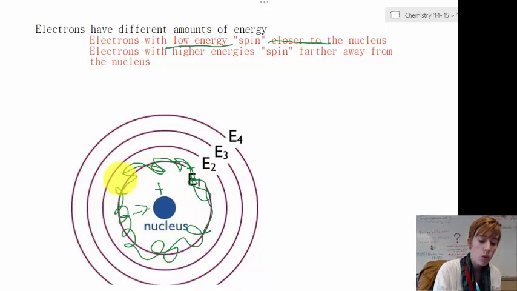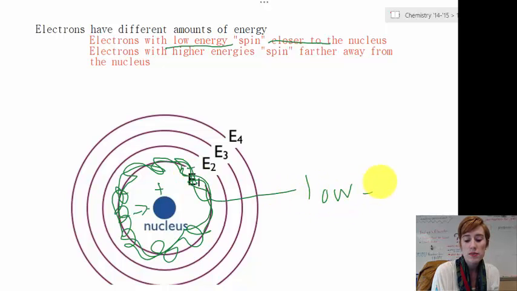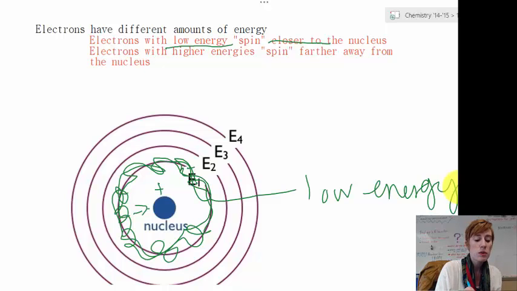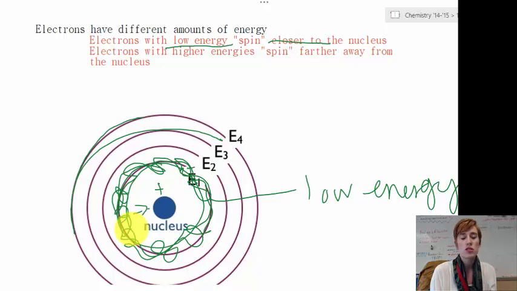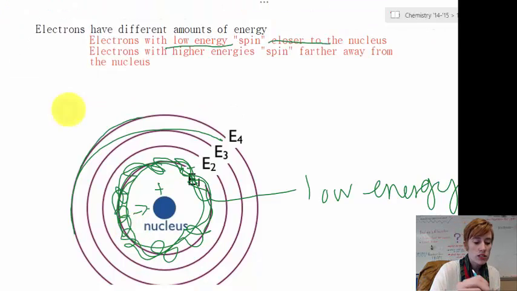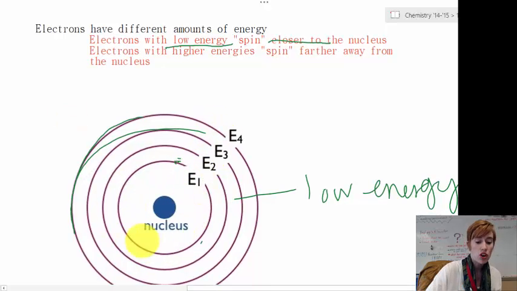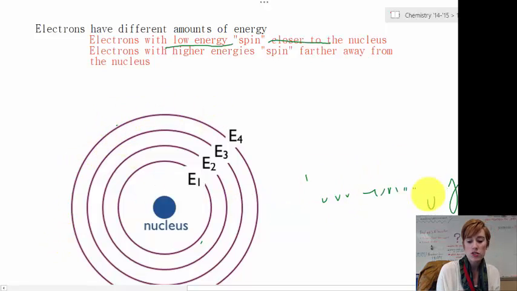I can never know where this electron is at any given moment in time, but I do know, because it's an electron that's closer to the nucleus, it has lower energy. So I know that electrons with lower energies will never be found on the outside. They're only going to be found nearer, closer to the nucleus. So here what I've drawn for you are 4 different energy levels, okay? And these energy levels are areas that we can find electrons based upon their energies.